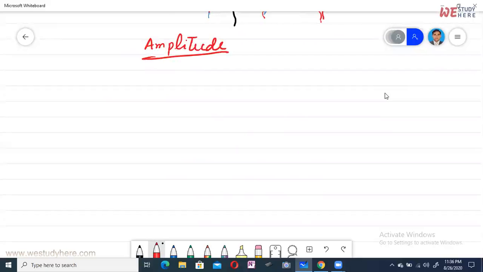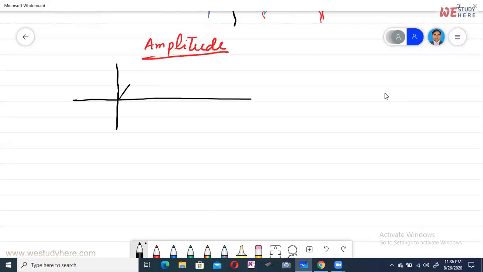The amplitude of a periodic function is defined as the distance between the maximum or minimum point and the principal axis. It is like this.